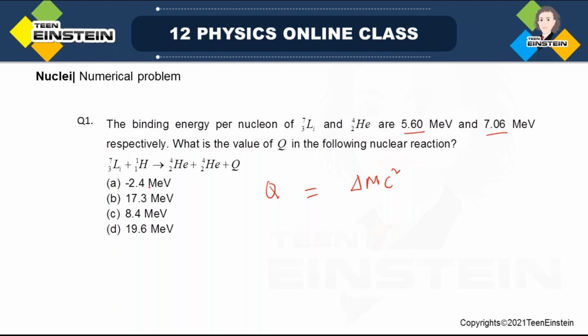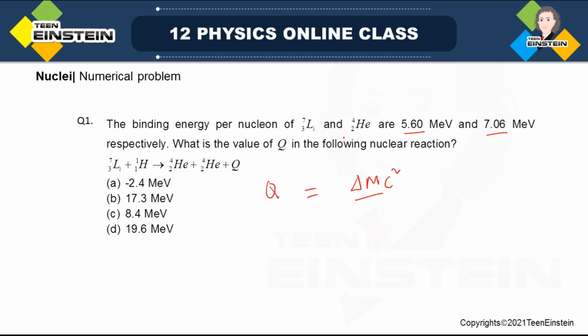So since there is a mass defect, the corresponding amount of that mass defect gets converted into binding energy. This is according to Einstein's mass energy equivalence.